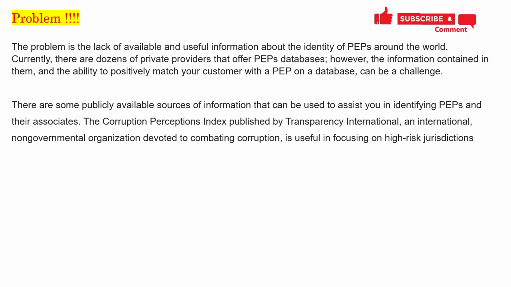So we can refer to that, but we have seen in certain cases that Transparency International is a non-profit organization that belongs to a certain country, so the data provided by it might be biased. Since it is unregulated, it is not a reliable source.